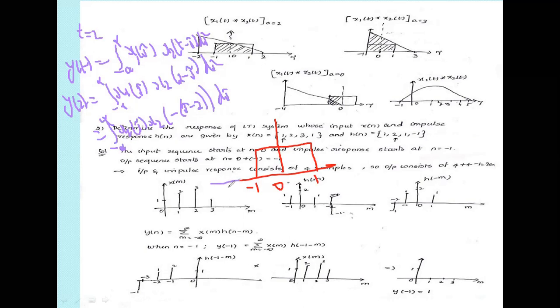So it starts at minus 2 here and ends at 0. The value is also here, it's a 2 up to the 2. It's a graph. So now the overlapping is here itself.